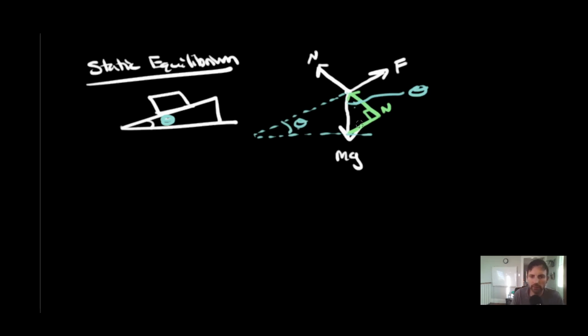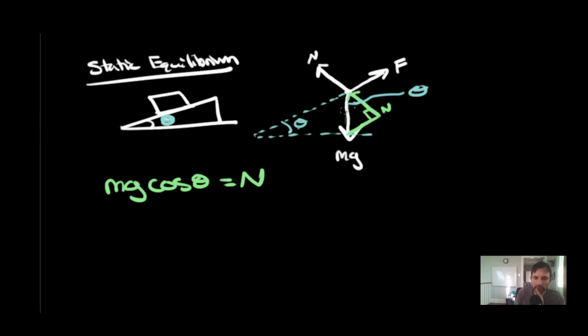So what does this tell us? Why is this useful? Well, this means mass times gravity, or weight, times the cosine of theta is going to equal your normal force, right? Mass times gravity is right here, vertical down, and so that's the hypotenuse of the triangle I just made.